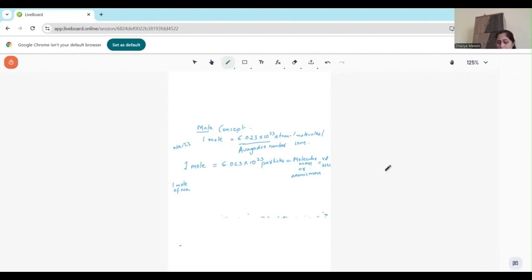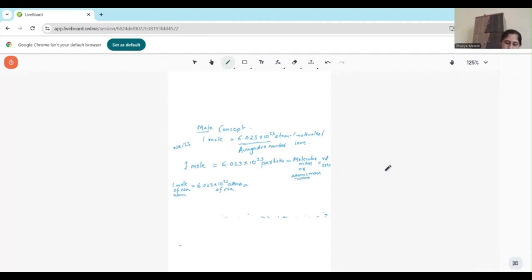1 mole of any substance, suppose sodium atom I'm writing, will have how many atoms? 6.023 times 10 raised to 23 atoms of sodium. Now, what is the weight of the sodium atom?